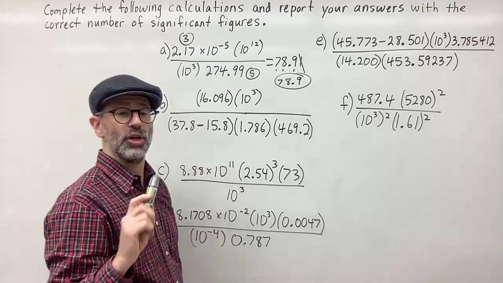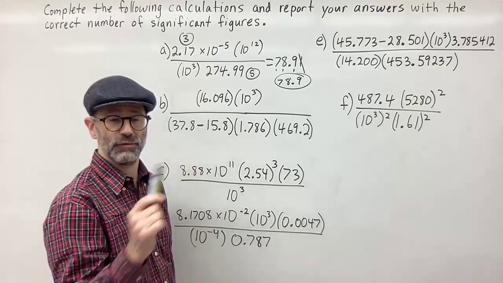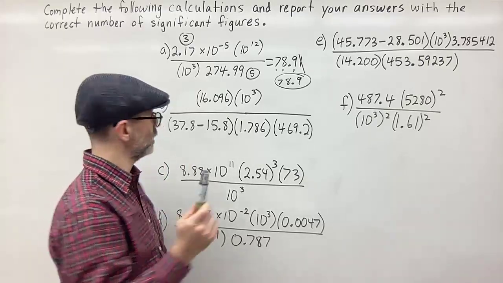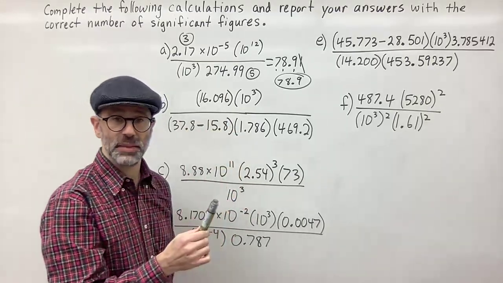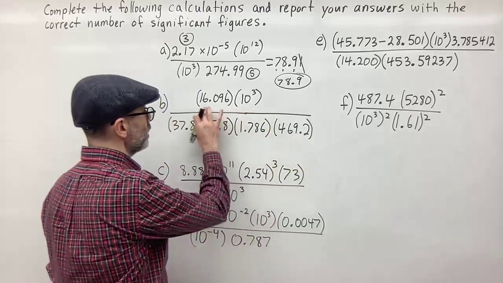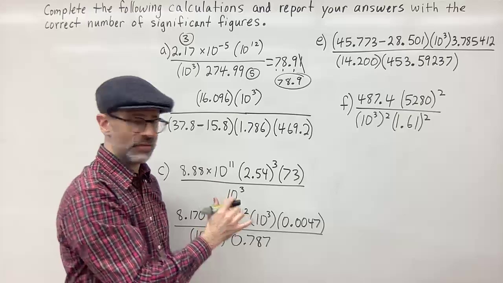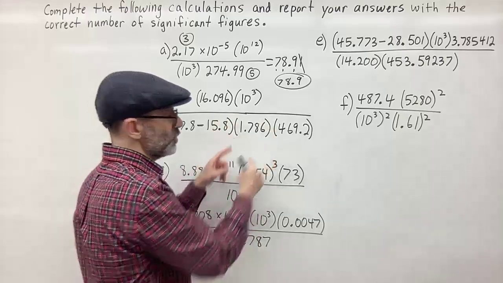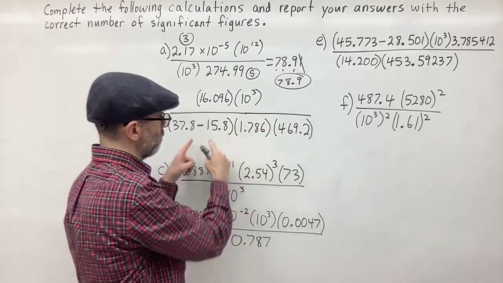So I misspoke. You usually do multiplication and division first before adding and subtracting. But in this case, since it's in parentheses, you do what's in parentheses first. These parentheses don't really count because there's no operation going on inside them. They just clearly separate this from this.